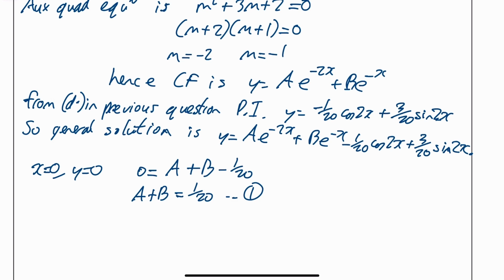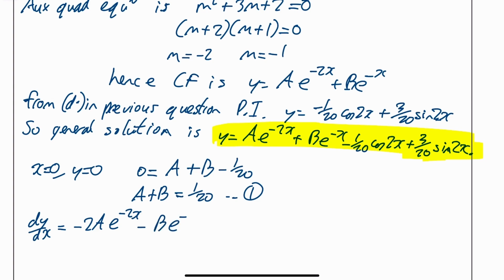And okay, now we also know, we were told in the question that dy by dx was equal to 0 when x was 0. So you've got to find your dy by dx. So unfortunately, we've got to differentiate this. Now think about this, you've got 4 opportunities to make a mistake here. So take care, and I will have to take care as well. So it's going to be minus 2a e to the minus 2x minus b e to the minus x.